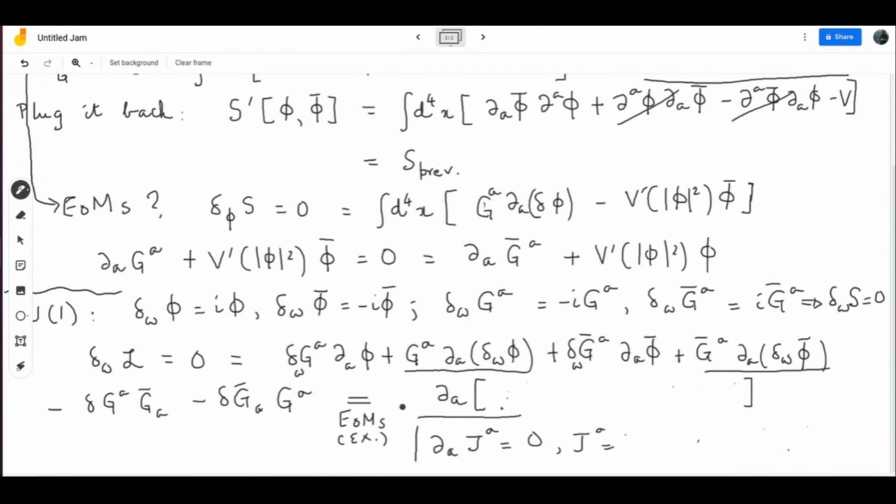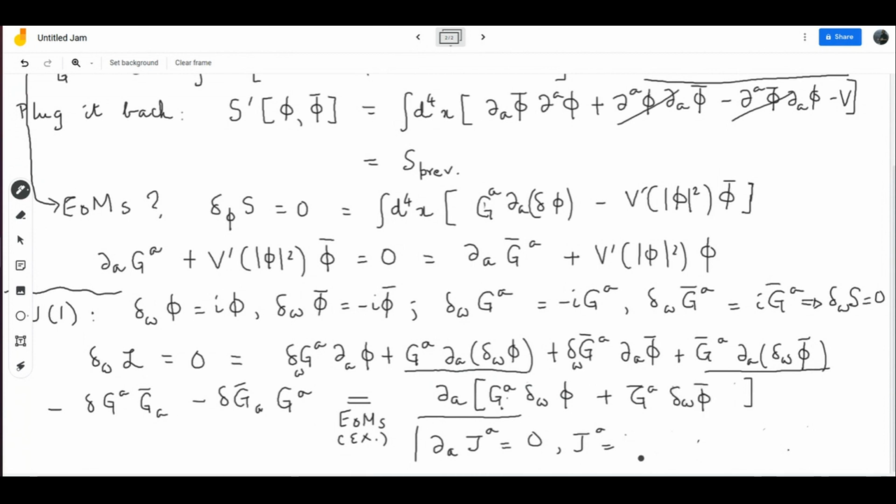I'm not showing that, but I'm leaving it for you to see that if you use these terms, the derivative will come out, and what we will have is G^A delta omega phi, that was my mistake, that is the way I wanted it, plus G bar^A delta omega phi bar.